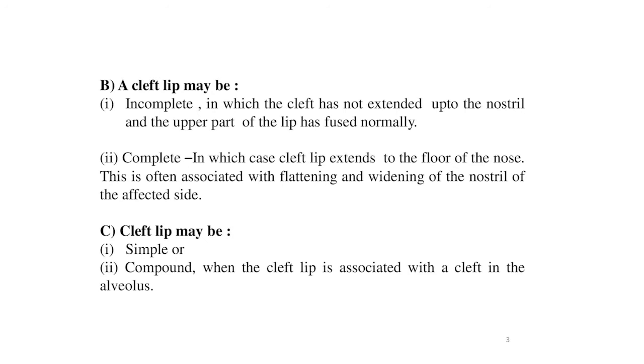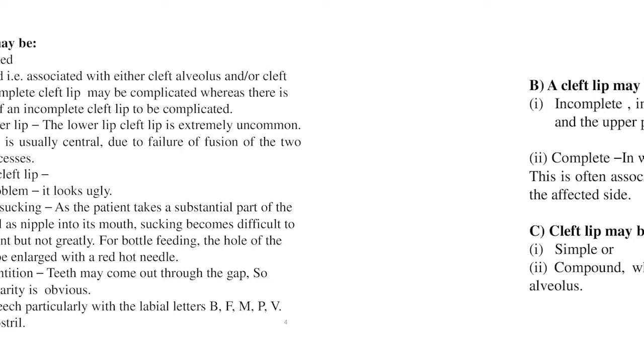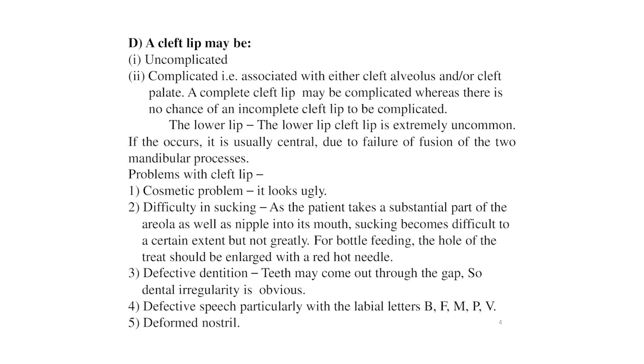The third type: the cleft lip may be simple or compound. It is compound when the cleft lip is associated with a cleft in the alveolus. The fourth type: the cleft lip may be uncomplicated or complicated. Complicated means it is associated with either cleft alveolus and/or cleft palate. The complete cleft lip may be complicated, whereas there is no chance of an incomplete cleft lip being complicated.